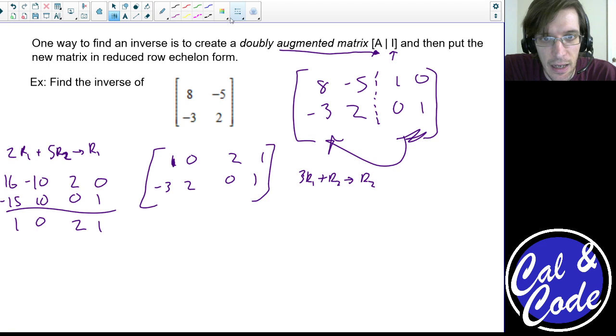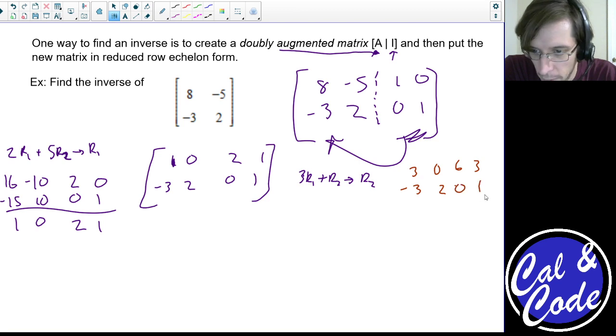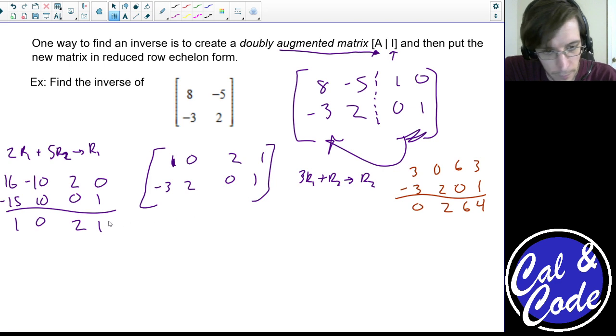That means I'm going to be taking 3, 0, 6, 3, and adding it to -3, 2, 0, 1. When I do that, I get 0, 2, 6, 4. So my matrix has now become 1, 0, 2, 1, and 0, 2, 6, 4.